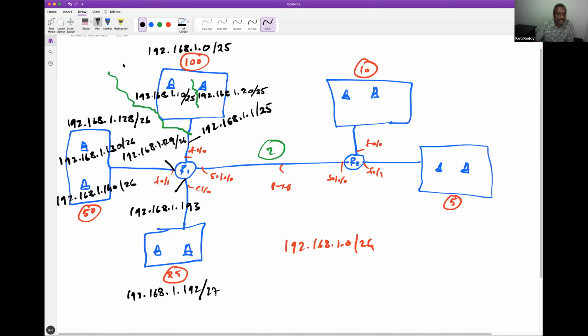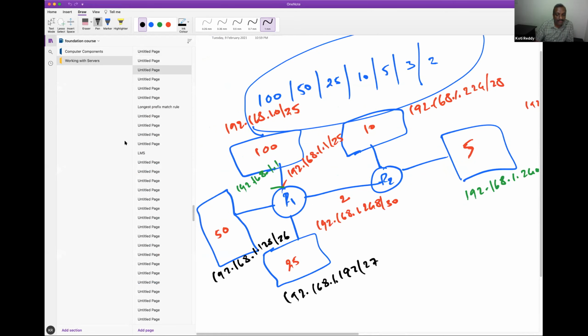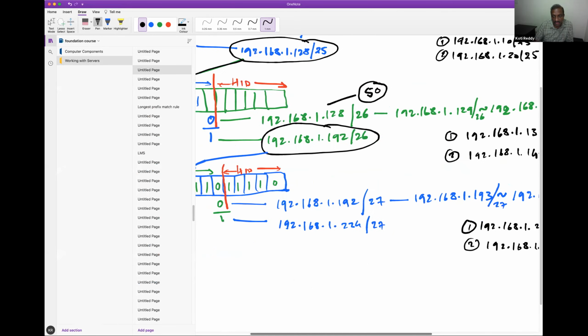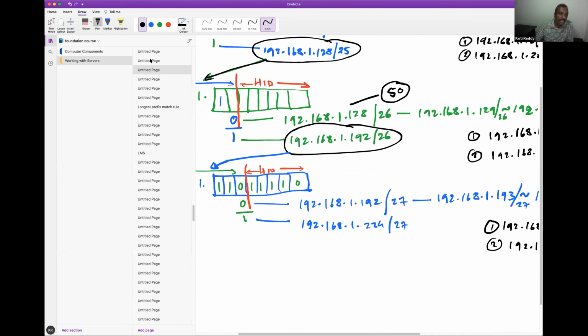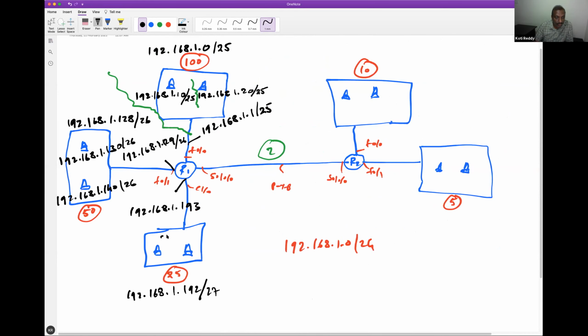And for these two systems, I take 200 and 210. So 192.168.1.200/27, and for this, I take 192.168.1.210/27.